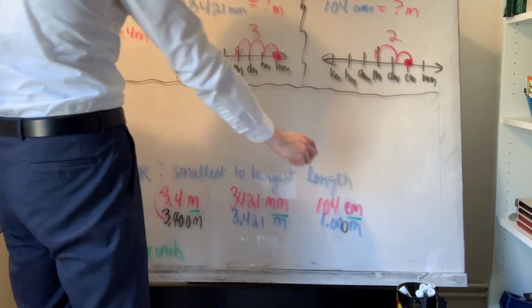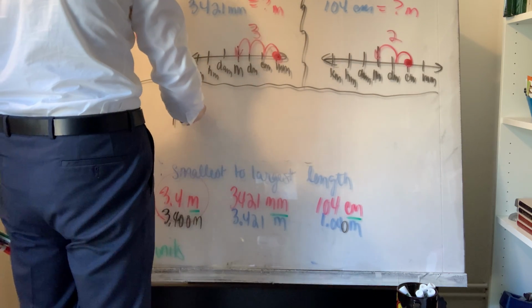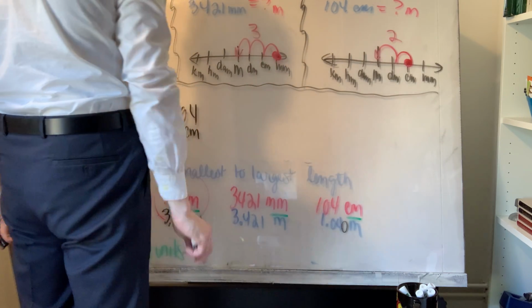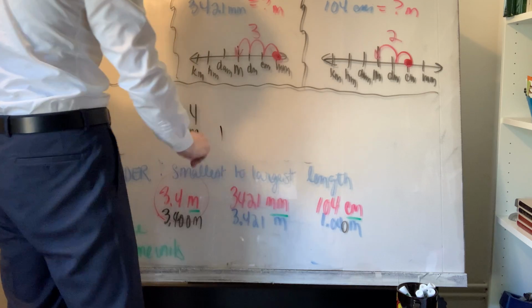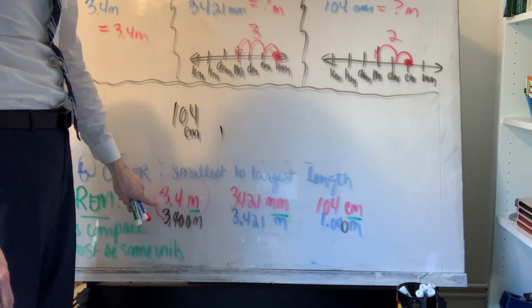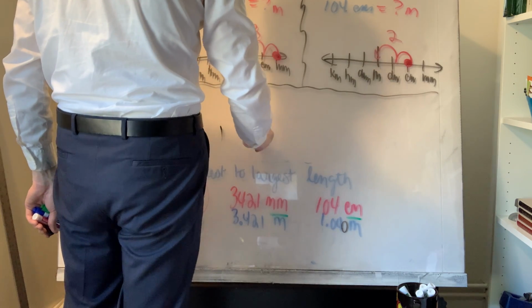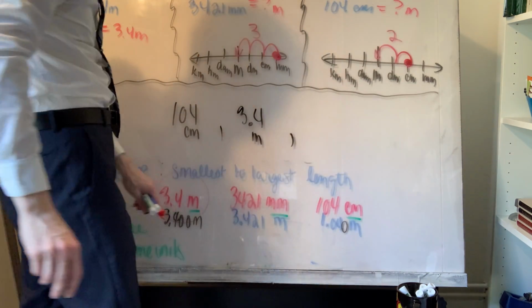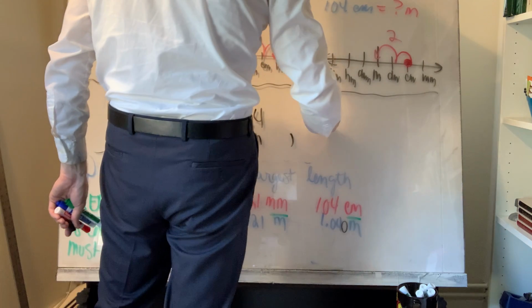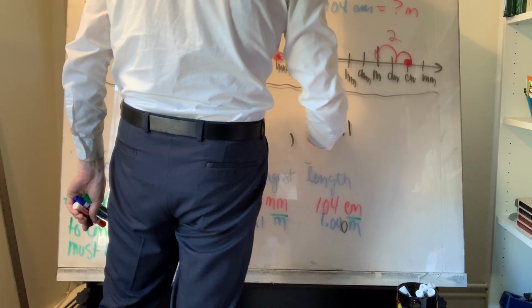So I'll use the original figure, 104 centimeters. And then the next one would be 3.4 meters using the original figure. And then the next one would be 3,421 millimeters.